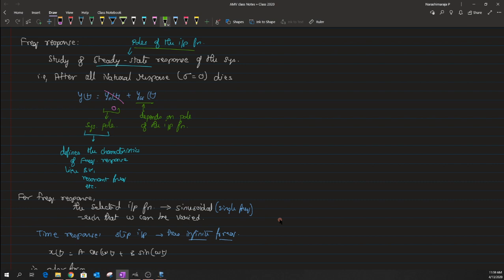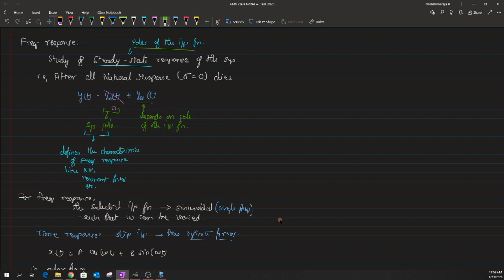We generally have two types of poles, one from the input signal, the other from the system itself. A frequency response basically studies the steady state response, and in that case we generally will not discuss the natural response or the transient behavior of the output. Okay, hope that you're clear with that.